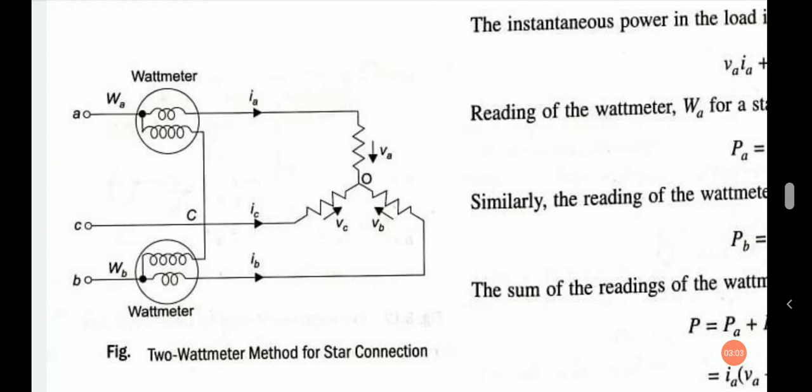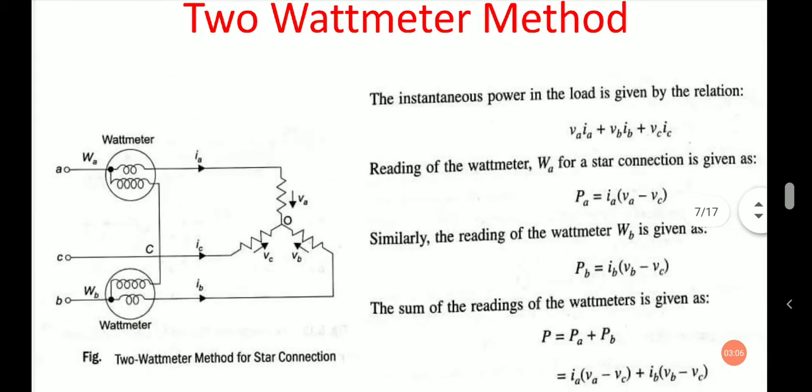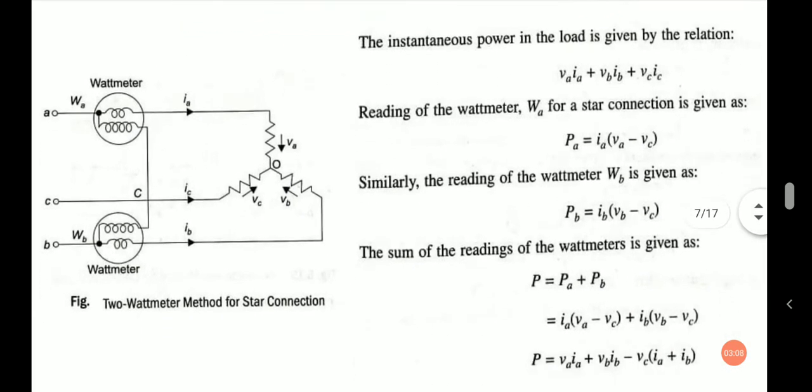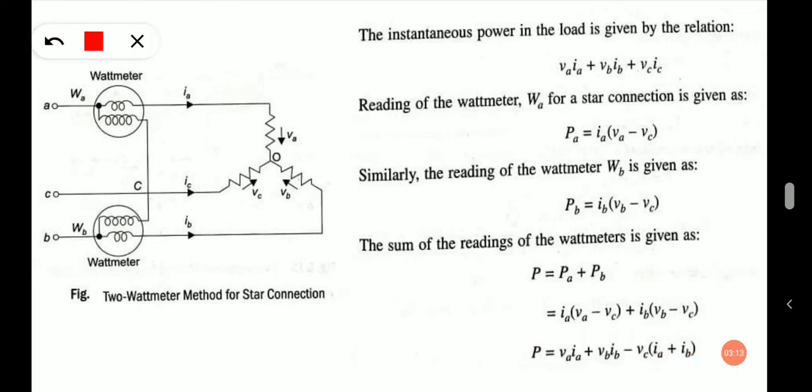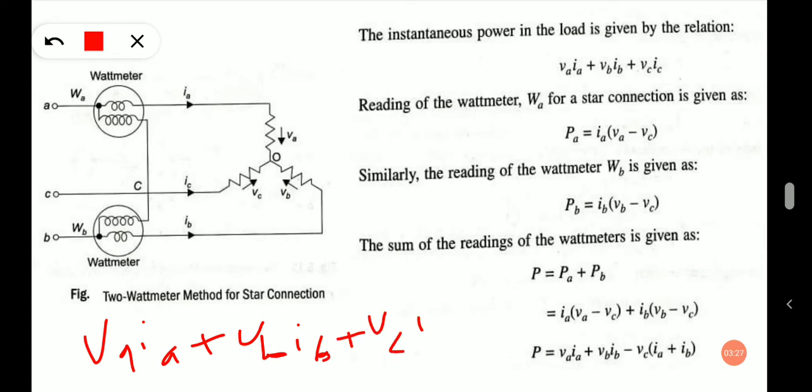So the instantaneous power in the load is given by the relation VA IA plus VB IB plus VC IC. This is the instantaneous power in the load. Now the reading of wattmeter WA.